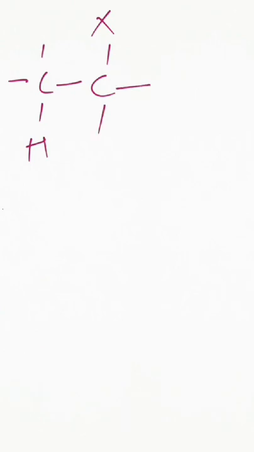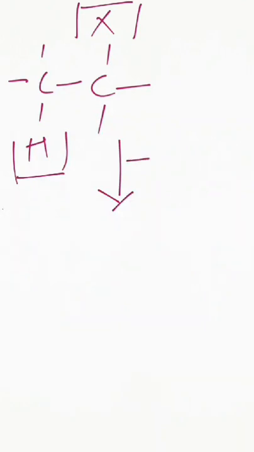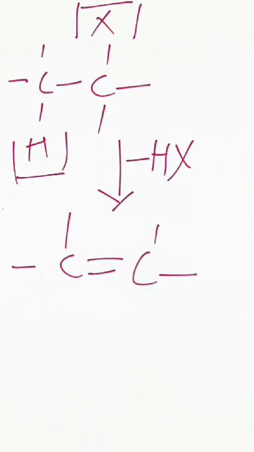Suppose we have this molecule A, and it undergoes an elimination reaction, and in elimination this H and this X get removed or eliminated, and now this compound becomes an unsaturated compound.